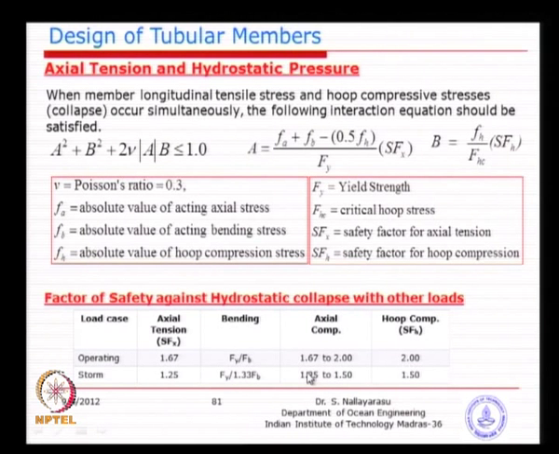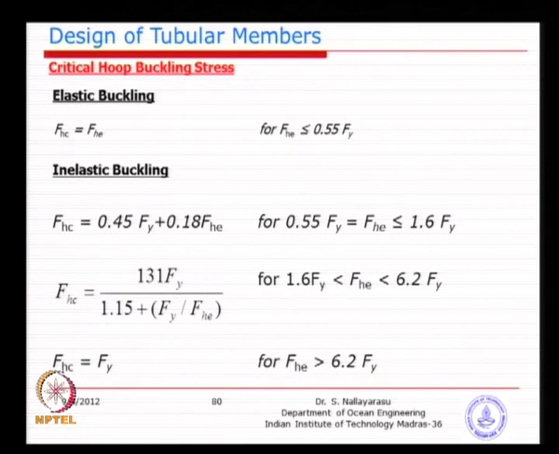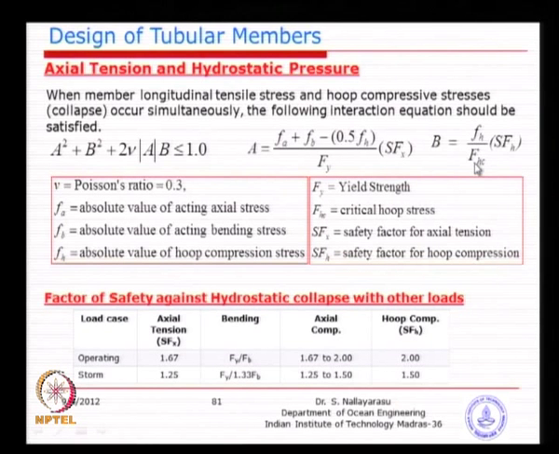The B factor is a pure ratio of Fh divided by Fhc. This Fhc is the one we just calculated, the critical buckling stress due to hoop. You take that as the allowable buckling stress, because you have a factor of safety applied there. That is the idea.